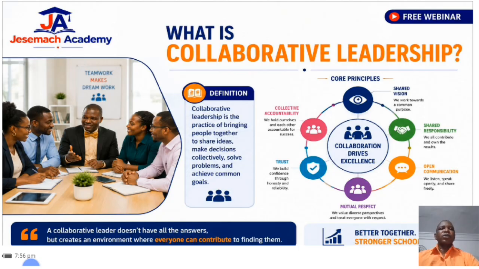So, we are going to look at some core principles that are very salient to leadership. The first one is collective accountability. Leaders should be able to be accountable. You should be accountable for your stewardship and for whatsoever you do. Then, secondly, trust. Trust has to do with integrity. Without trust, people cannot collaborate with you.